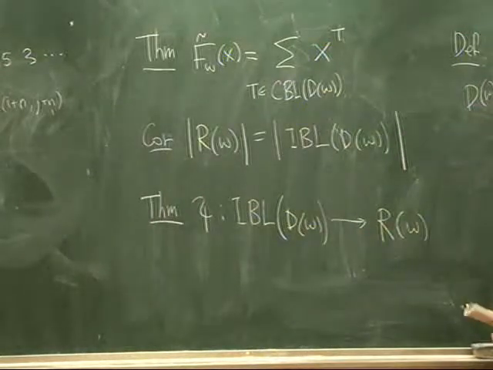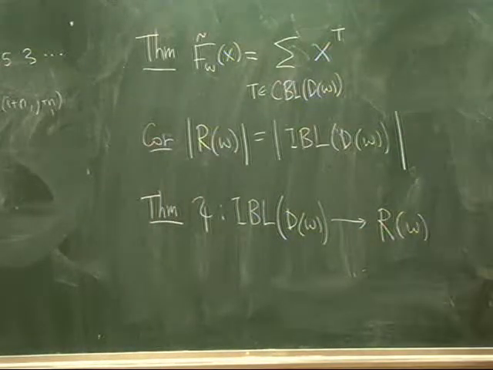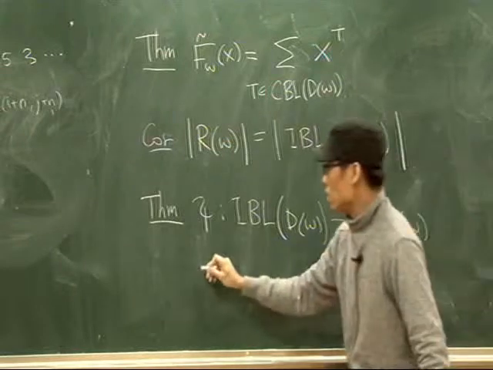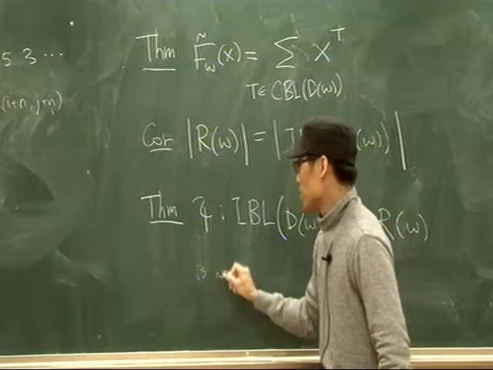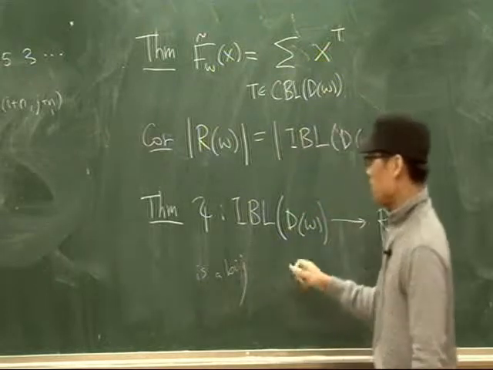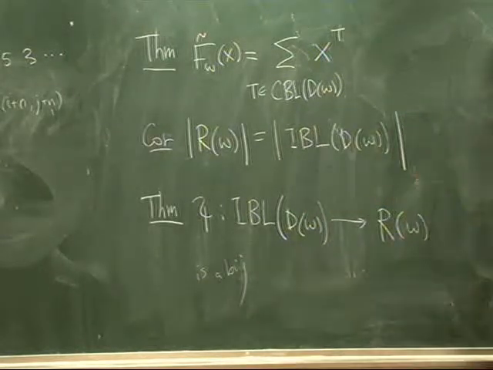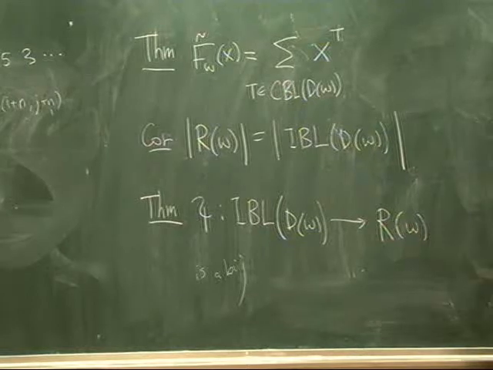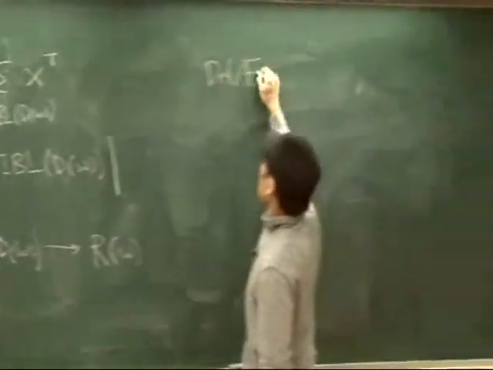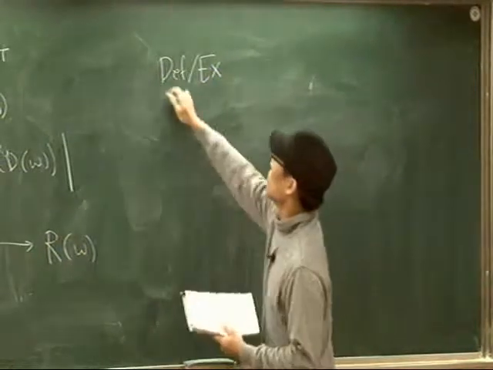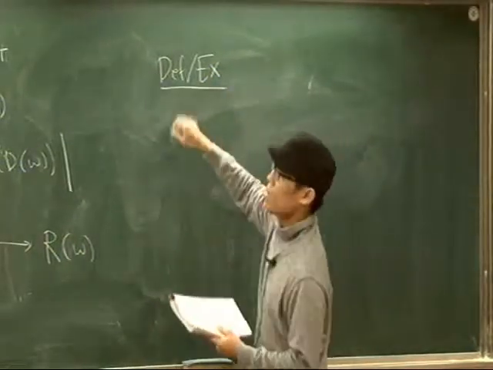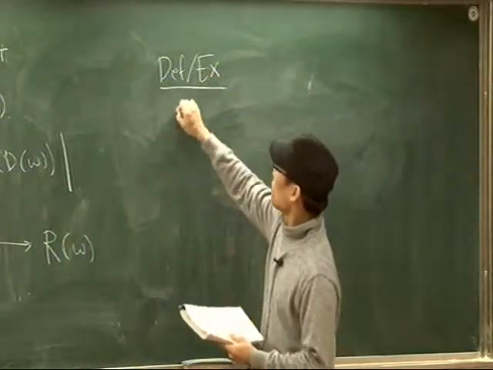I'll briefly describe the bijection. I'll define psi in an example, so I'll use that diagram.